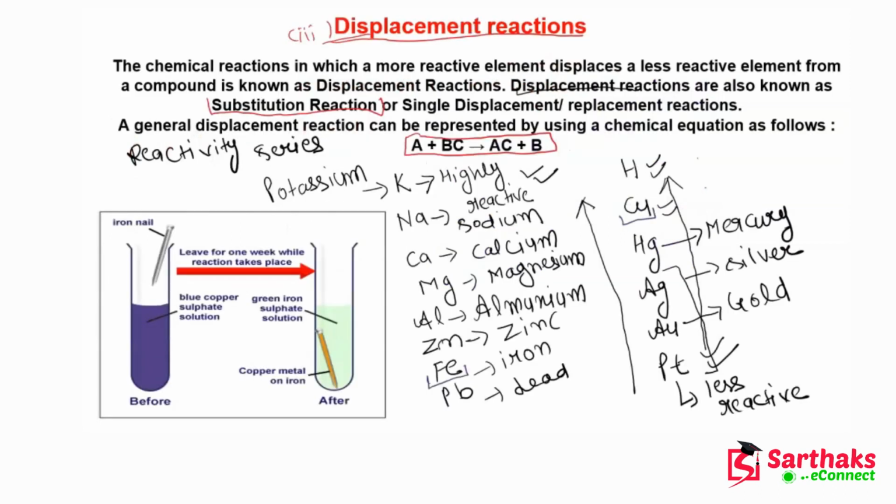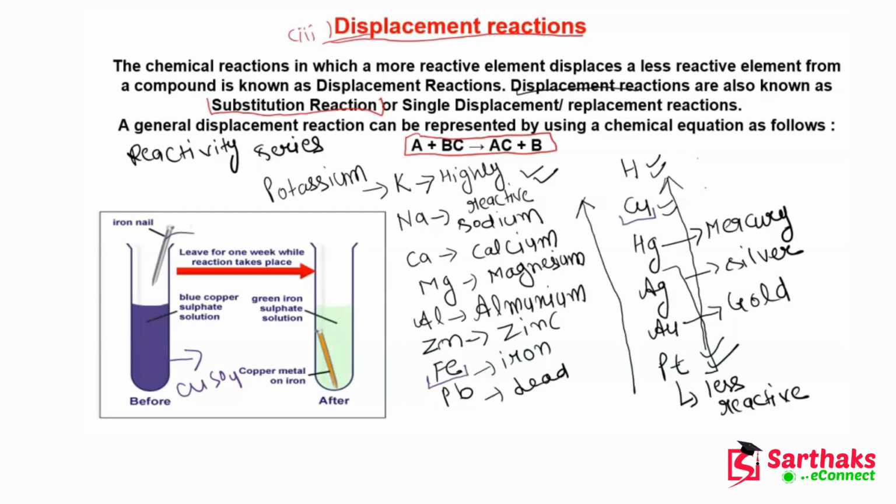Now what will happen guys? Let's move here. This copper sulfate is a blue solution. You can see the color of this copper sulfate is blue. Now what did we do? We put an iron nail inside this solution.